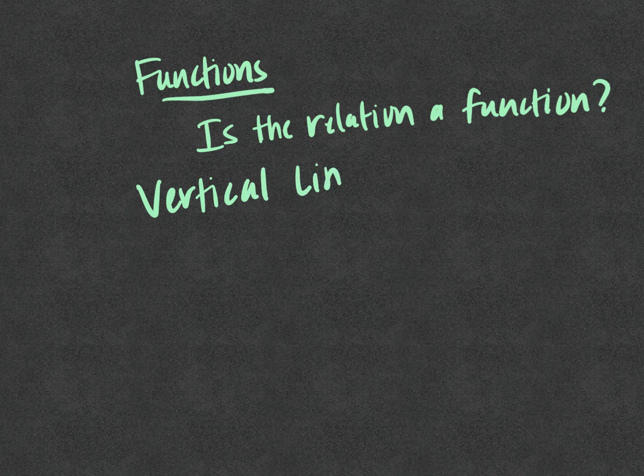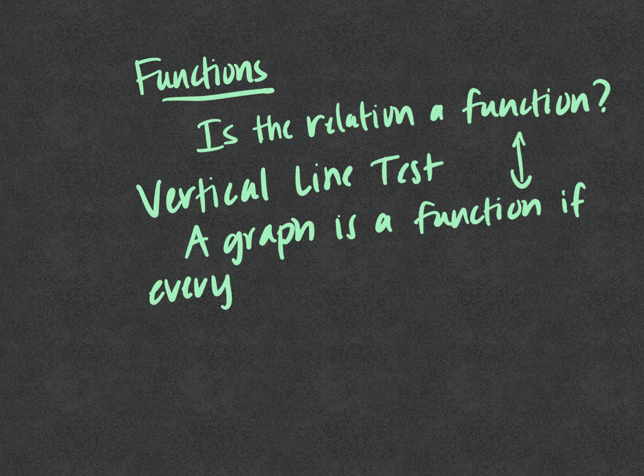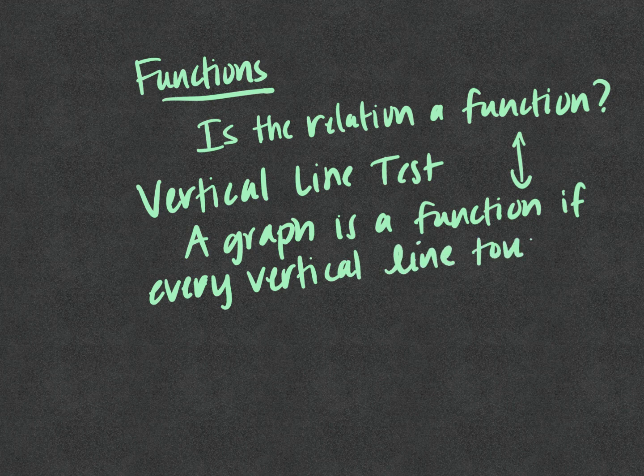The vertical line test says we're going to consider a graph, and you're going to look at vertical lines. Remember, vertical lines go up and down vertically. So a graph is a function if every vertical line that can be drawn touches the graph exactly once.